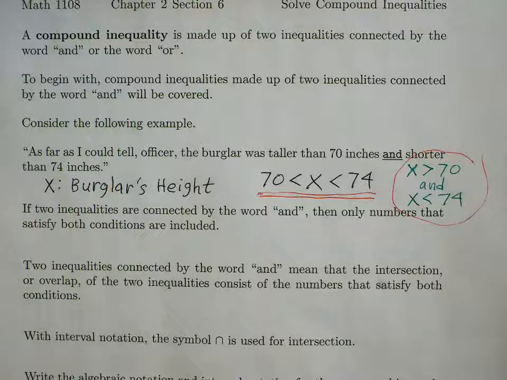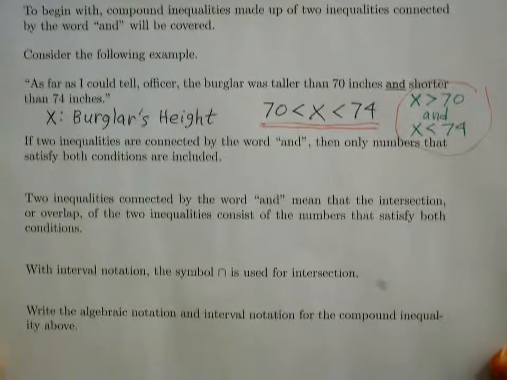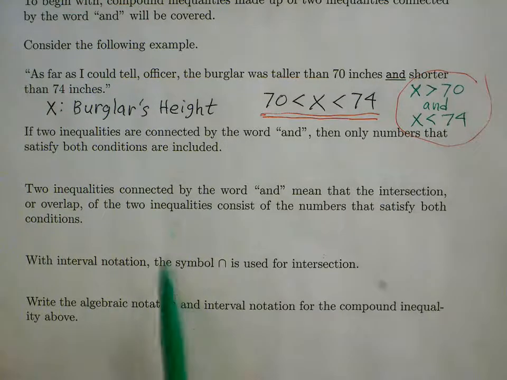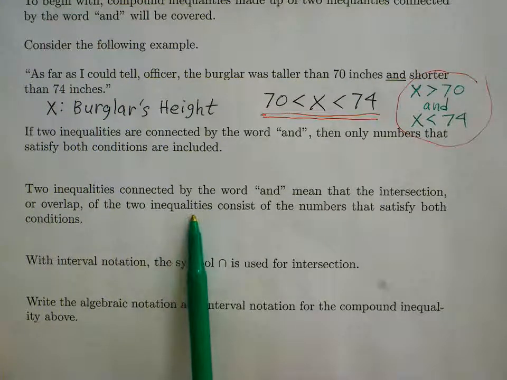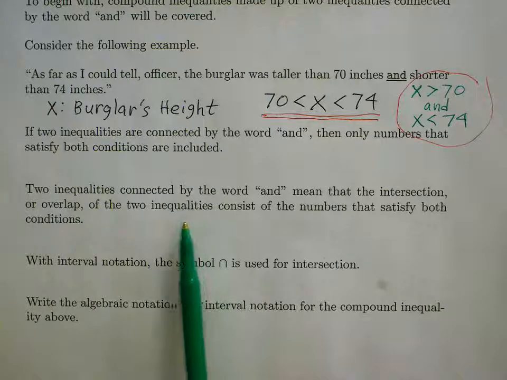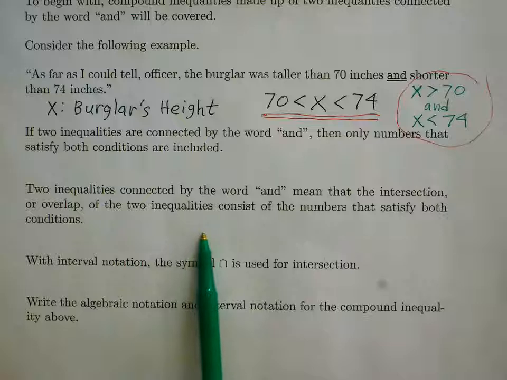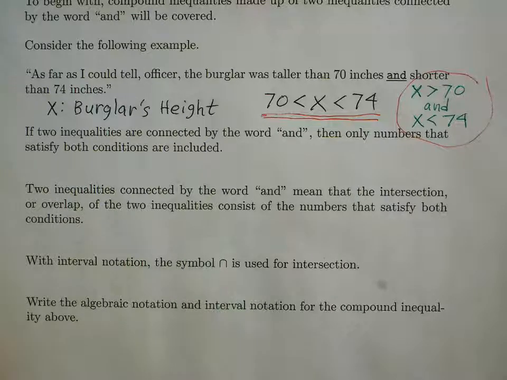That's why the word and is used. It satisfies both conditions at the same time. Two inequalities connected by the word and mean that the intersection or overlap of the two inequalities consists of the numbers that satisfy both conditions.